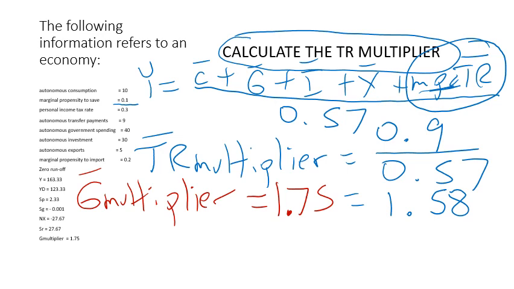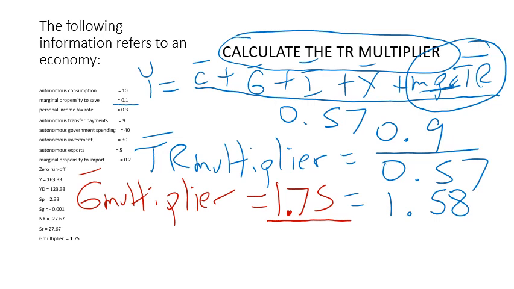Using government spending is just more efficient, because for every dollar which the government uses to boost the economy, GDP will go up by $1.75.